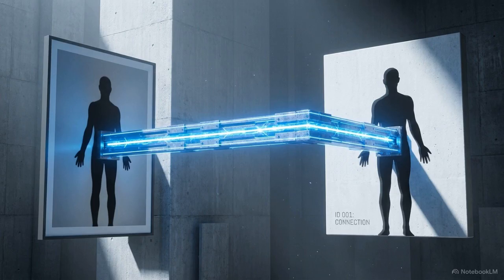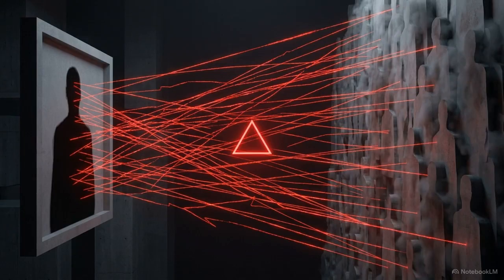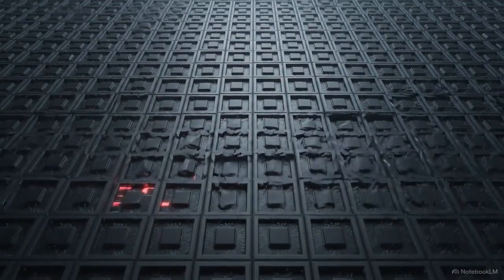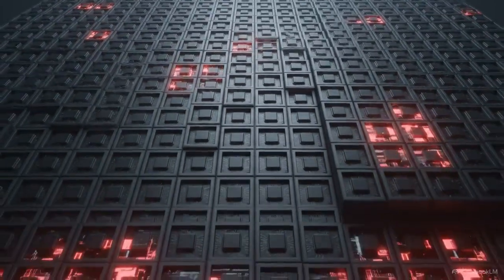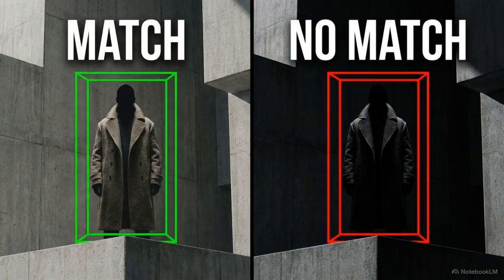Checking one face against one identity is a manageable task, but searching millions of records introduces a much higher risk of false matches. Because these systems rely on fixed thresholds and massive datasets, they are prone to specific types of failure. In the next section, we will examine how those failures happen and how they lead to issues of accuracy and bias.